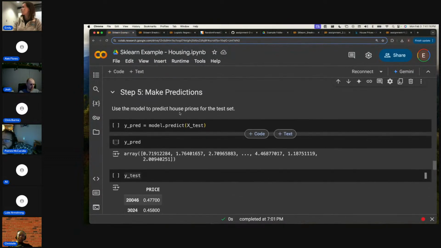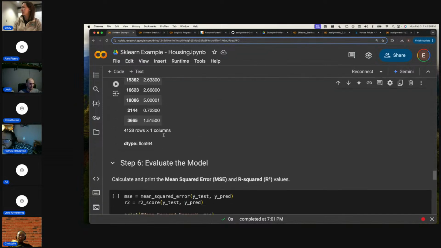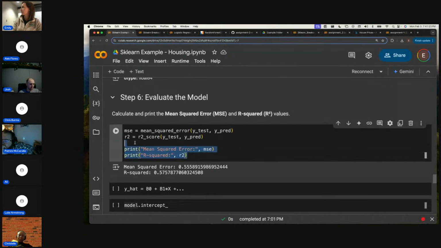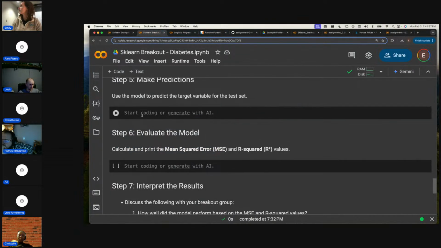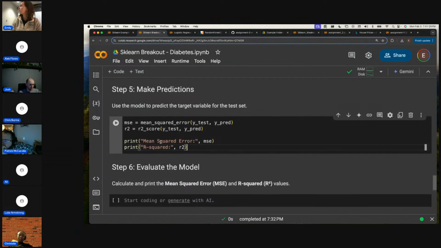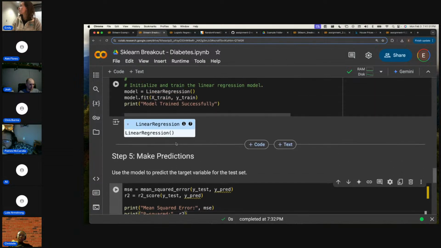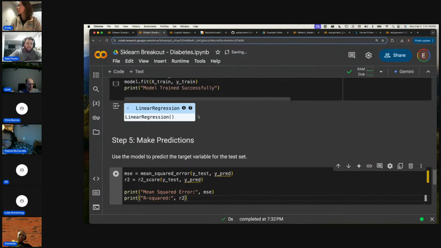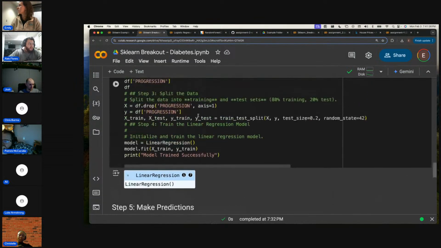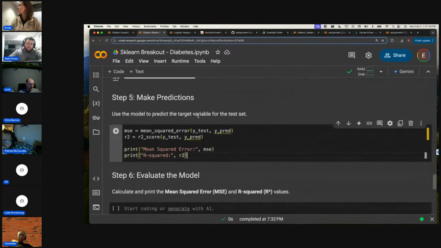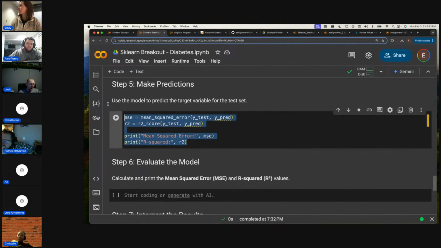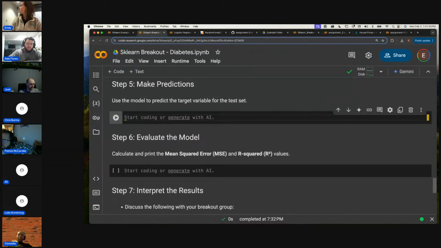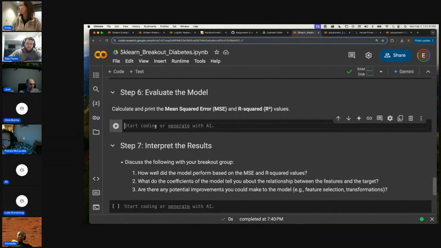We made predictions, so we had model.predict, and then we had our y_pred, we had our y_test, and let's see if we can just copy this. All right, let's go ahead and make predictions. I feel like I'm in the wrong notebook here. Sorry.